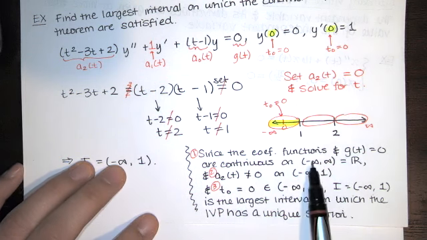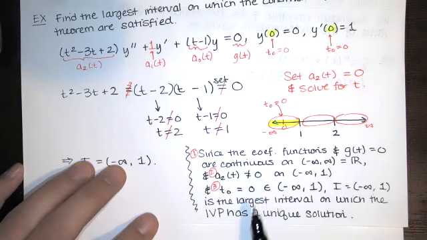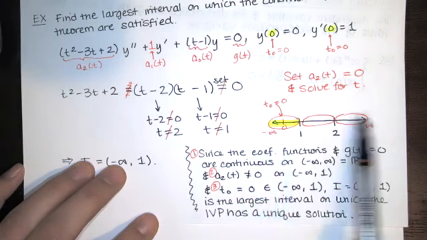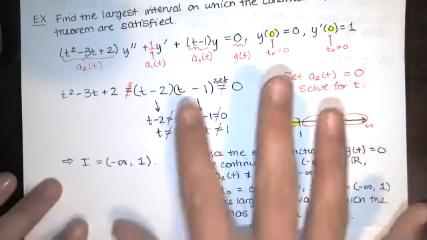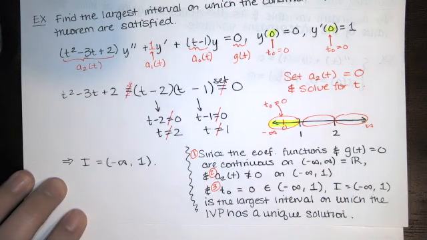So you're just checking continuity, you're checking to make sure that the leading coefficient is non-zero, and then you're picking from those 3 intervals the one that includes your initial condition. Okay, so let's do another example.